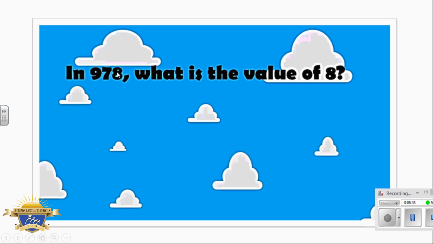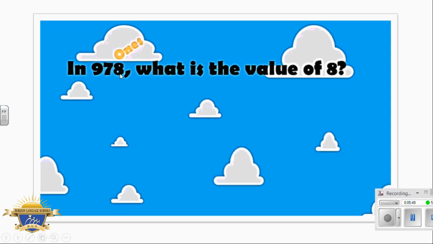What is the home of number 8? When we said that we start with right side, ones, tens, hundreds. So 8 is, yeah, it's a ones place. 8 is ones place.